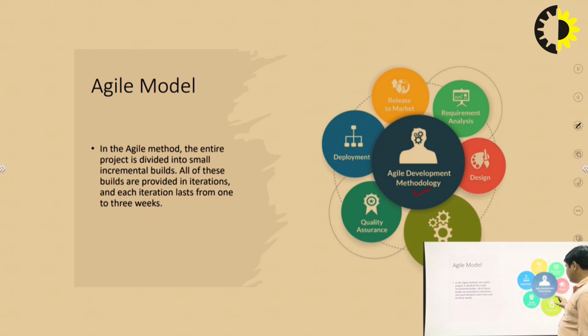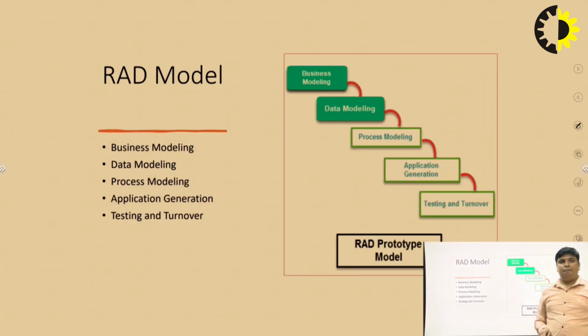In this development strategy, all the phases work parallelly, and after completion of each phase, the customer feedback will be tracked, and according to the customer feedback, it will be analyzed, refined, and again incorporated into the development life cycle. So that is the agile model.